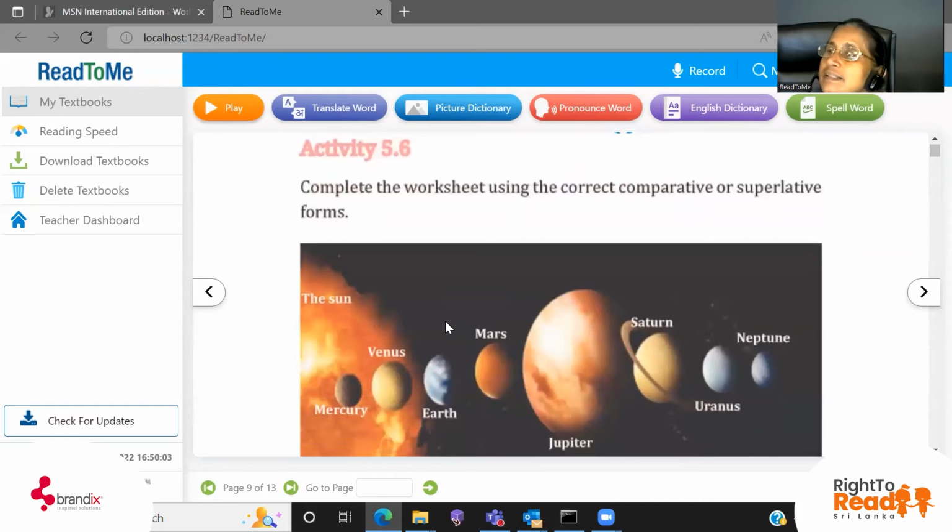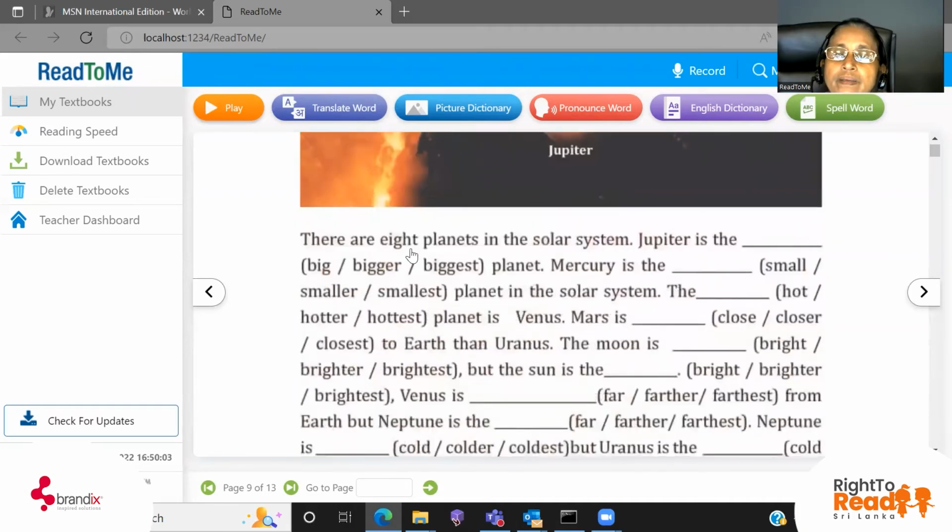Now we learned a lot of things about the solar system. What are they? The number of planets, then the biggest planet, then something about the smallest planet, things like that. Hot, what else?